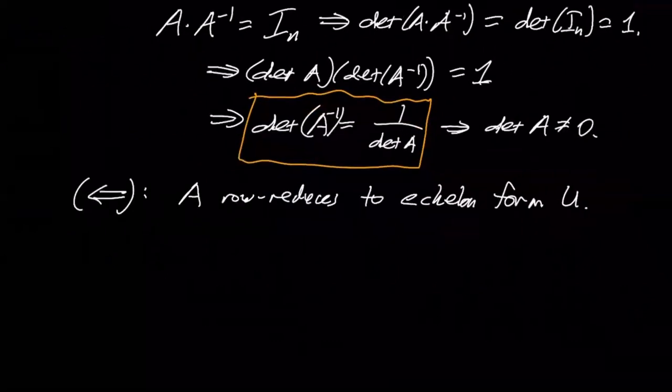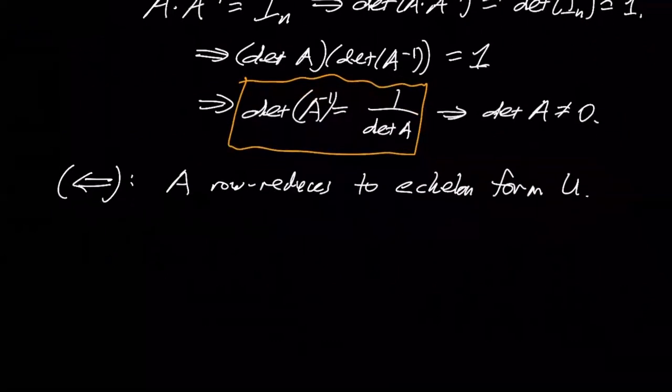Then we know from the last video, from how row reduction affects determinants, that the determinant of A is some constant, let's just say K, times the determinant of U, where the constant came from swapping and scaling rows, right?